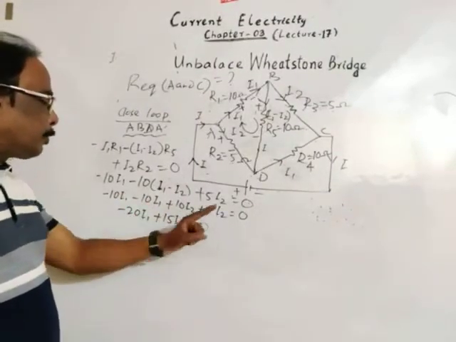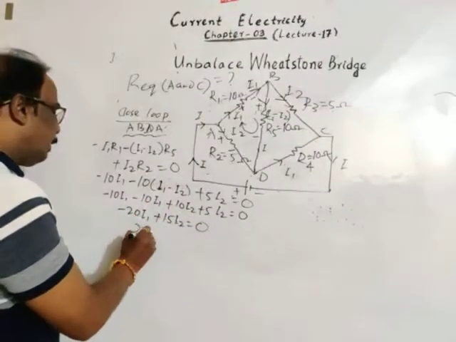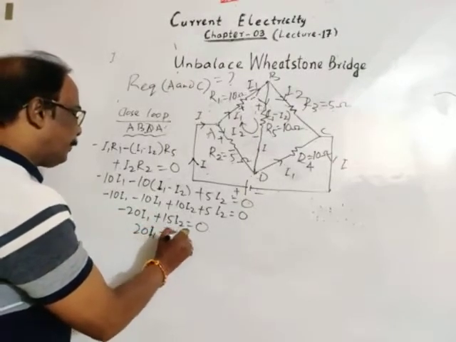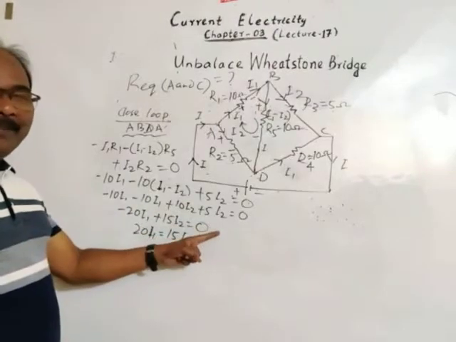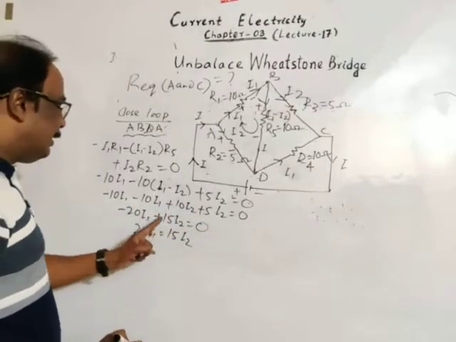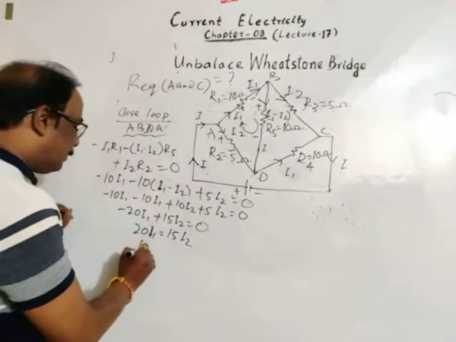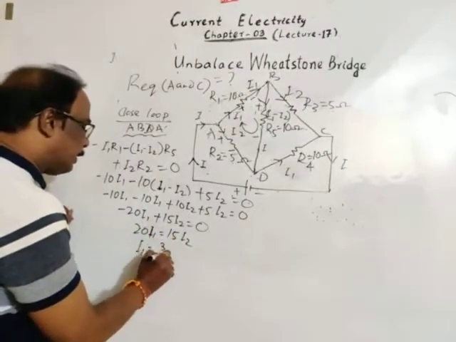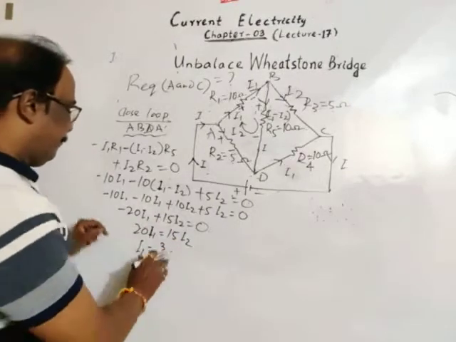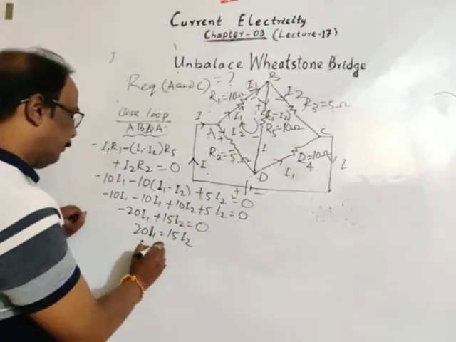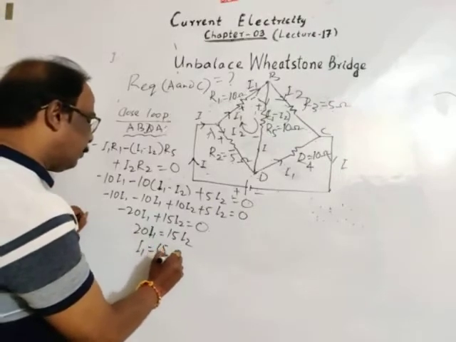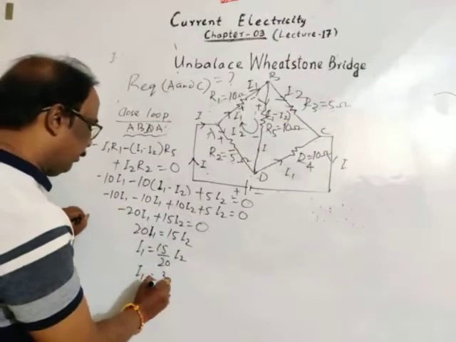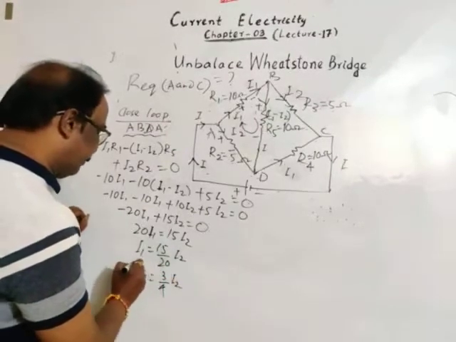Take to the other side: 20 I1 is equal to 15 I2. Then I1 is equal to 15 divided by 20, which is 3 by 4 I2.